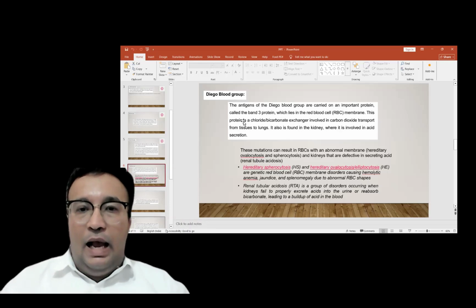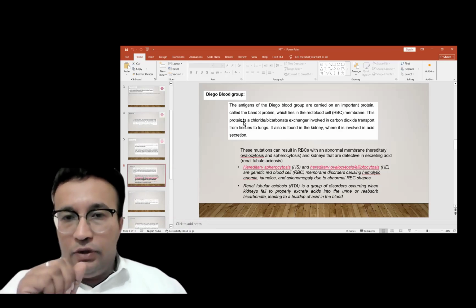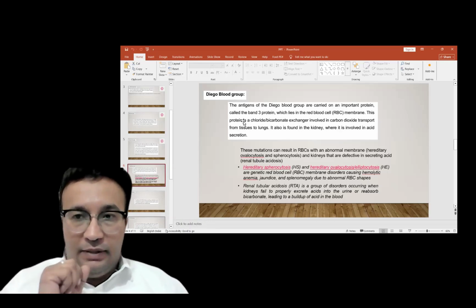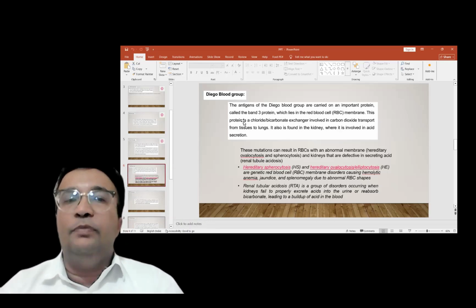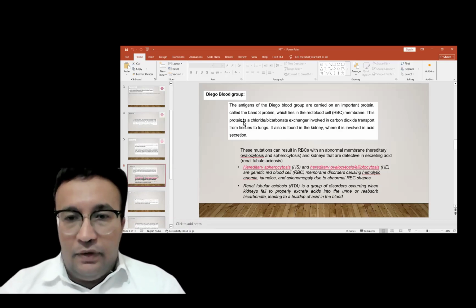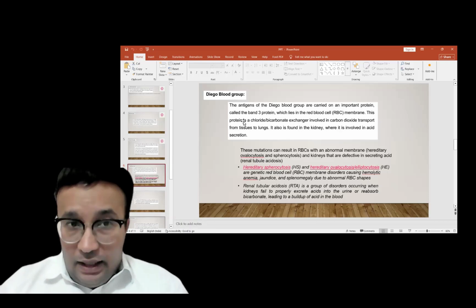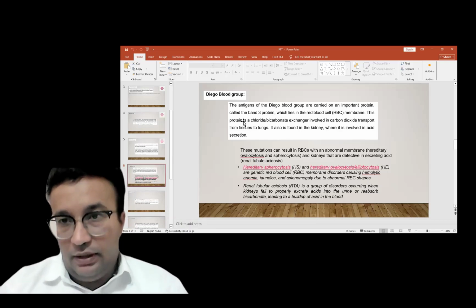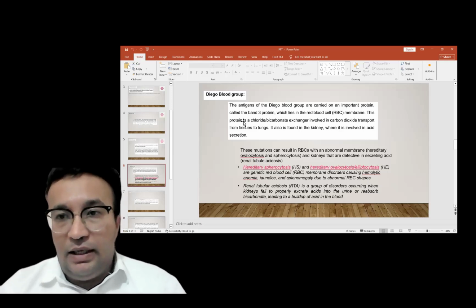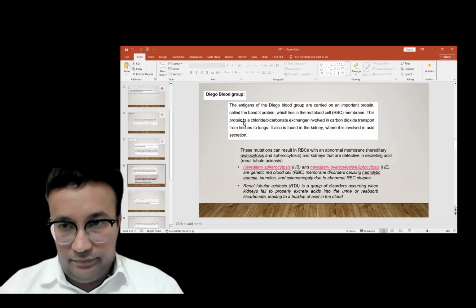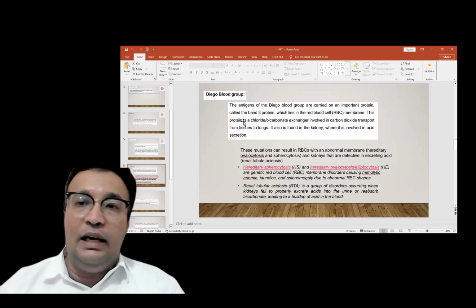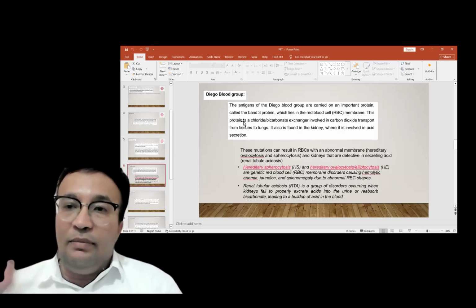Okay, and this antigen is also associated with the kidney, and it is associated with a specialized condition which can develop when this is deficient, that is called renal tubular acidosis. First of all, this blood group is rare, and if the antigen associated with this blood group is mutated or defective, then it leads to abnormality along the RBC membrane.